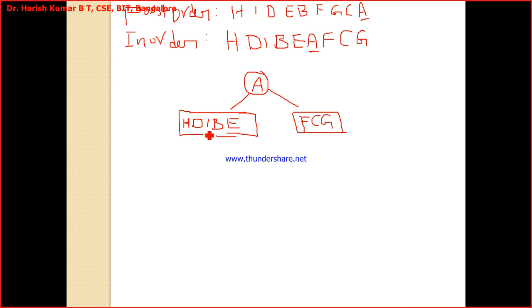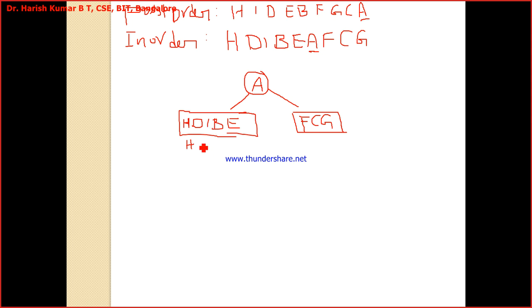What I'll do now, so I have found that H D I B E, all these nodes, they occupy the left subtree of A. So I'll just go for sequencing them appropriately. So let me sequence them properly. How? I'll sequence them such that it matches this sequence.